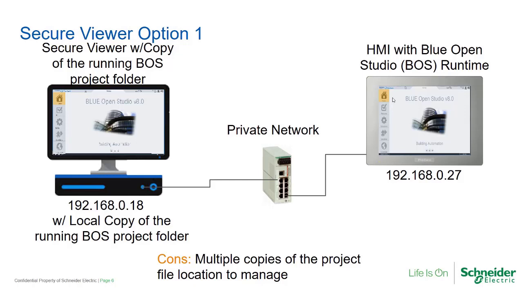And then I've taken that same project and copied it over to what's going to be my Secure Viewer client machine. The project will be the same on both the runtime machine and this client machine in this option configuration.